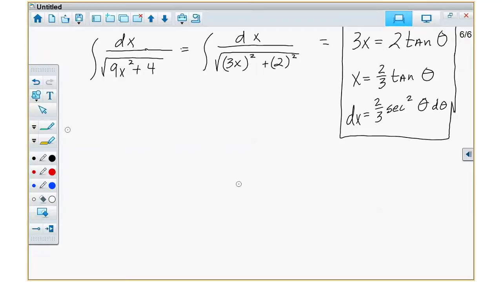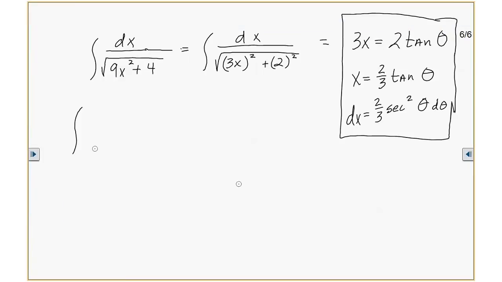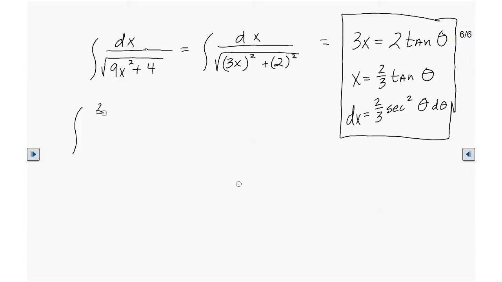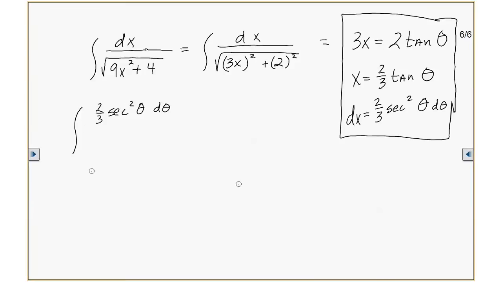So dx is 2/3 secant squared theta d theta over the square root, and you could put 3x as 2 tan theta in there squared, plus 2. That's all you're going to be able to do.